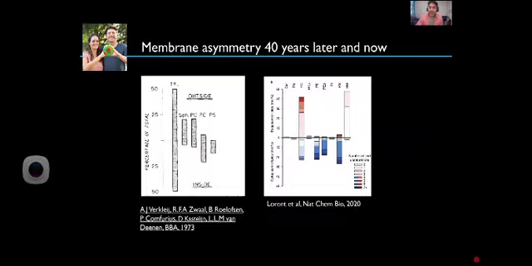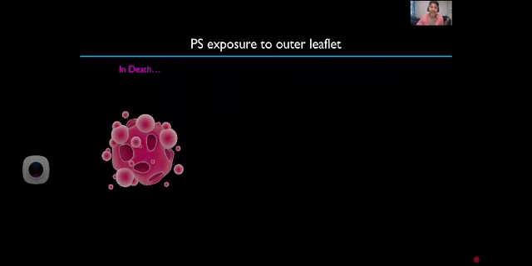So this PS asymmetry is really important because in the next slide, what you see is it is broken when the cells die, right? So when we know cells are dying, we use this annexin 5, even in assays, to see the dead cells, because dead cells, the asymmetry is broken, PS goes outside, and cell becomes completely negatively charged, so annexin binds.